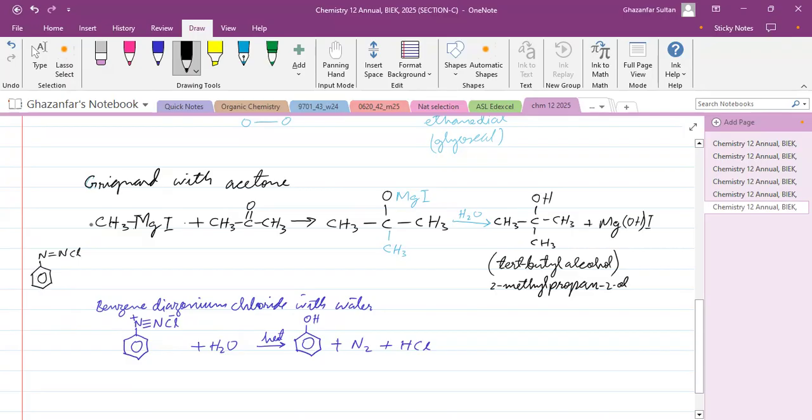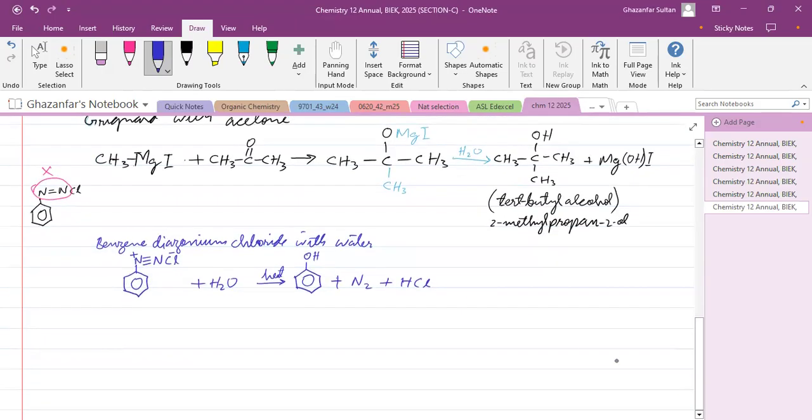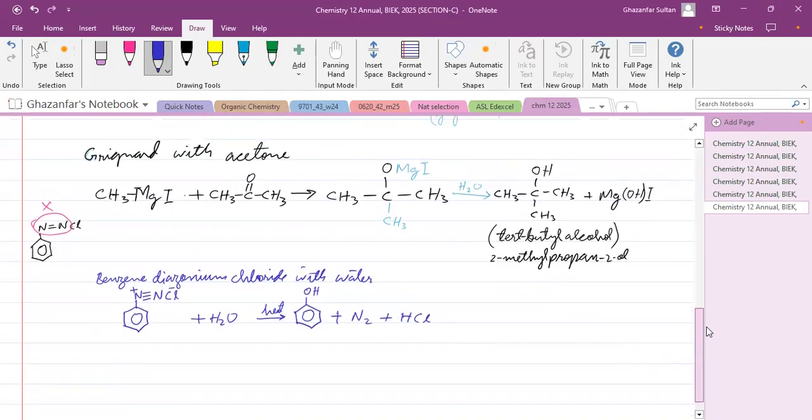So I think there is an error in the book. This is not the diazonium. The correct diazonium chloride is this. But definitely the mistake was in the book. So if anyone of you has written in this form, it should be accepted by the examiner because this is not your fault.